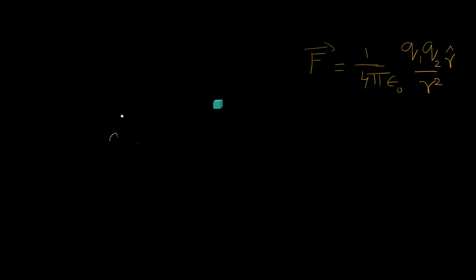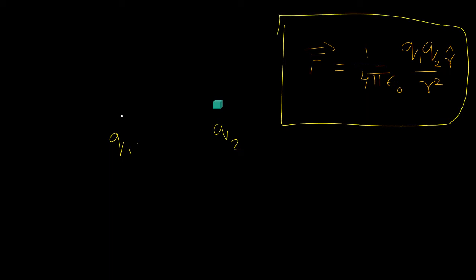Now let us consider two charges q1, q2. They interact electrically and force of interaction is given by Coulomb's law, which says that force is proportional to the product of charges and inversely proportional to the distance of separation.